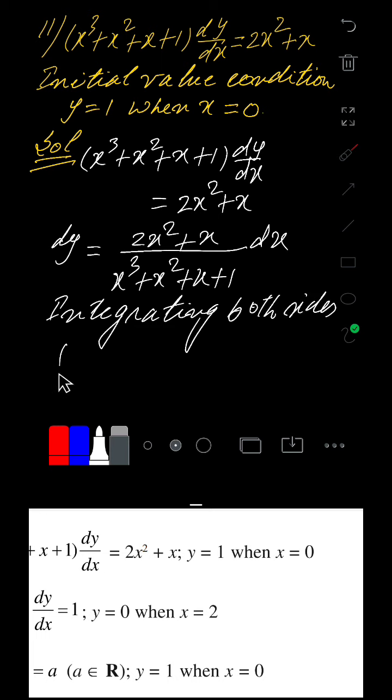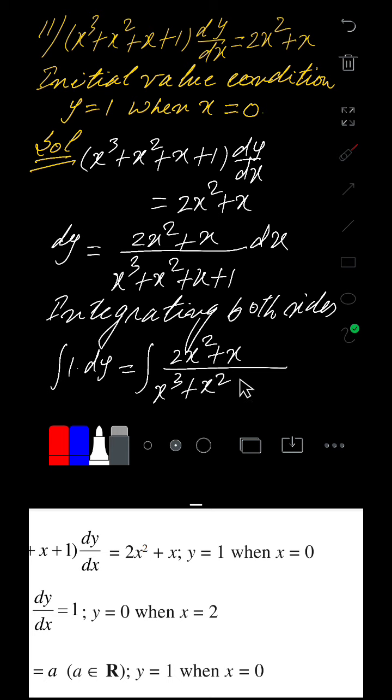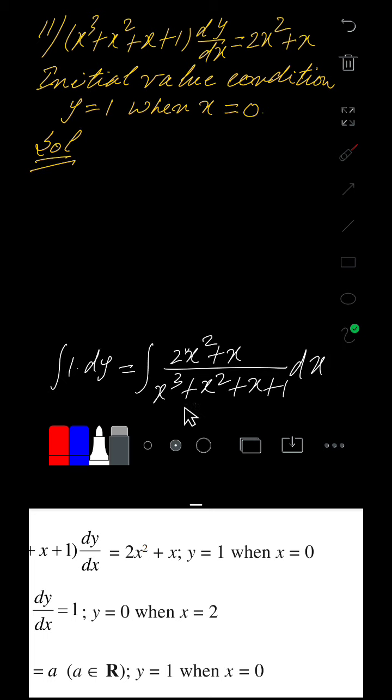we get integral 1 dy is equal to integral 2x square plus x upon x cube plus x square plus x plus 1 dx. So proceeding from this step, on the left hand side we get integral of 1 with respect to y.